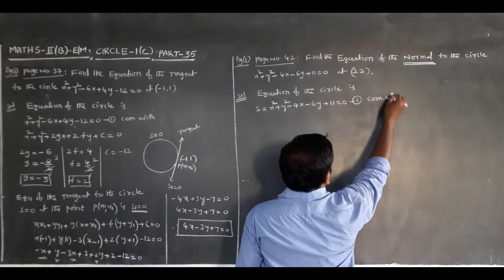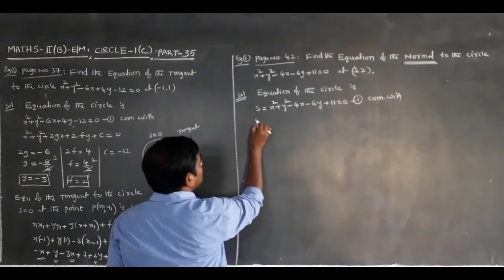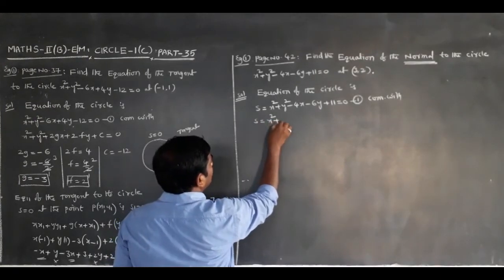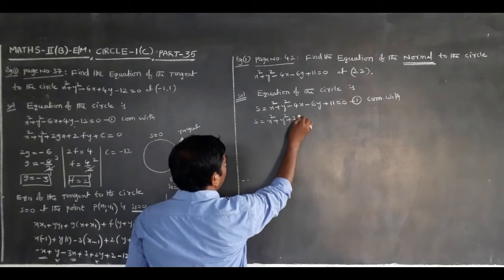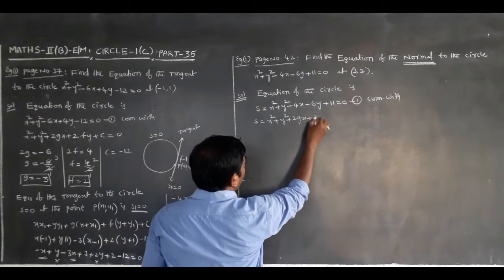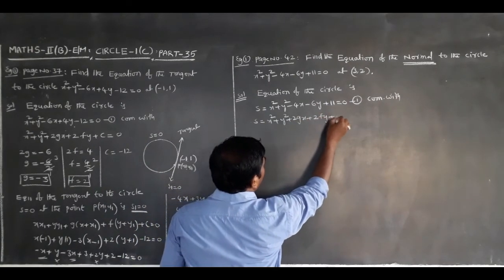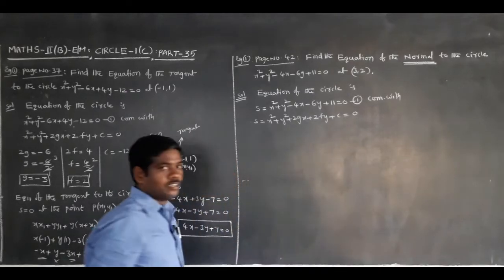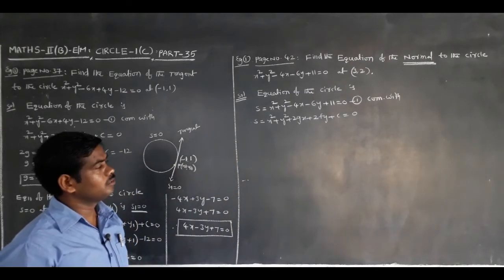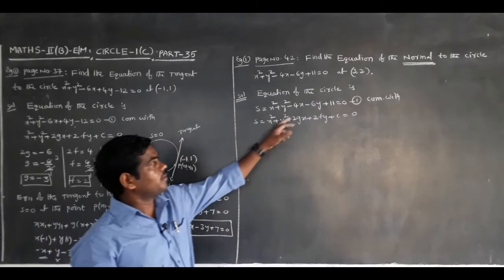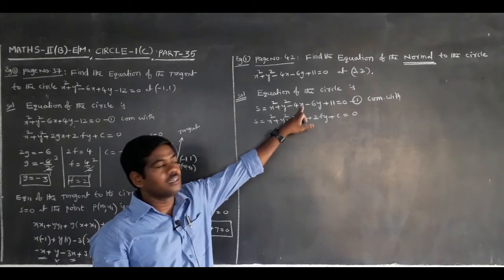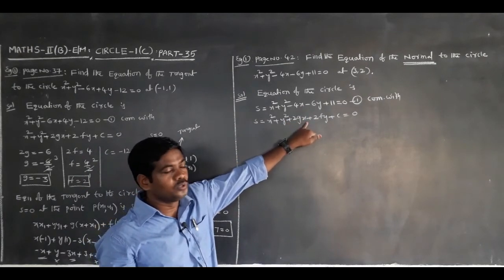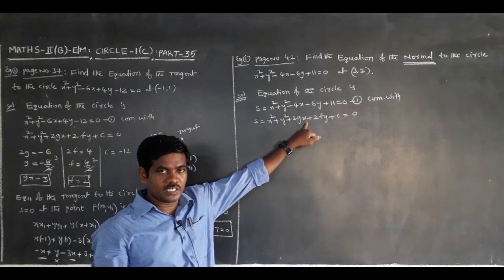Comparing with the general equation x square plus y square plus 2gx plus 2fy plus c is equal to 0. First of all, compare the given equation with the general equation.